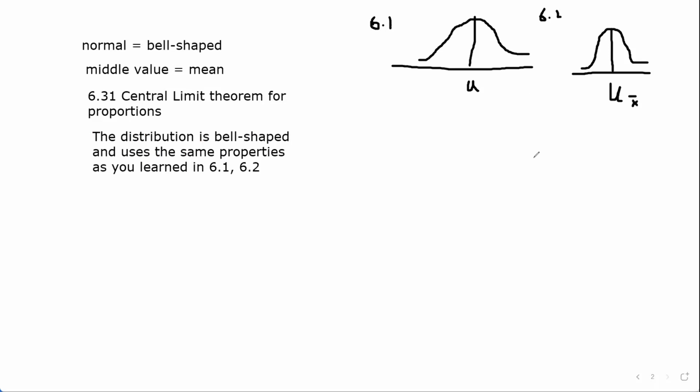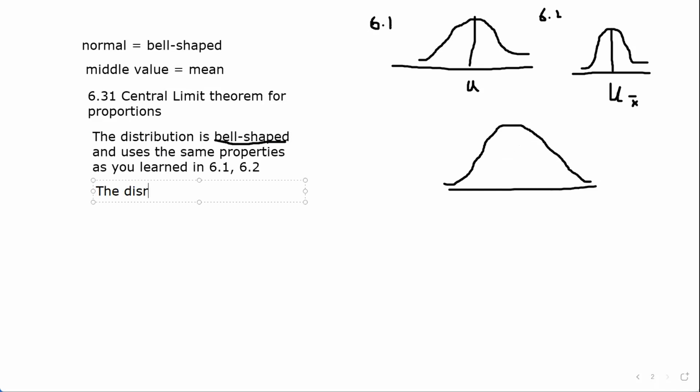Now, when you get to 6.31, we have bell-shaped curves again. Here they are. Oops, not very bell-shaped. Let me fix that. But it's a bell-shaped curve, and we have a very important something that we have to check, because it needs to be bell-shaped in order for this to work. But there's a but here, okay?